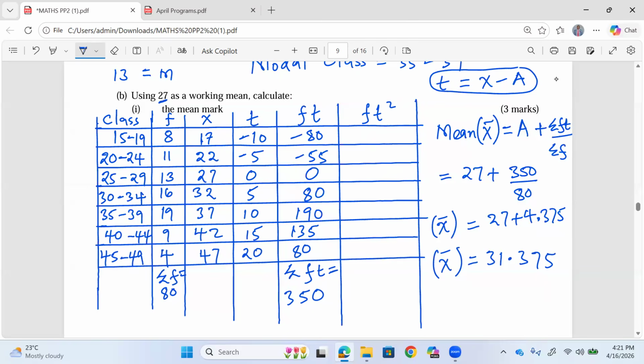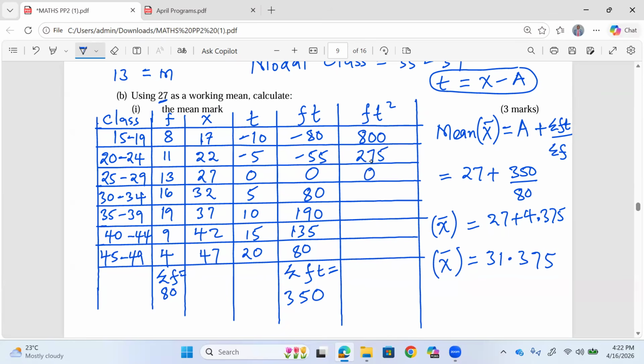Now in our squaring, ladies and gentlemen, let me get back to my calculator. The first thing is, I first square negative 10, then I multiply it by 8. That is 100 times 8. We get 800. In the next case, it shall be 5 squared, then I multiply it by the frequency of 11. I'm getting 275.